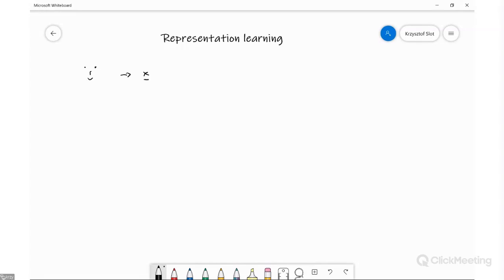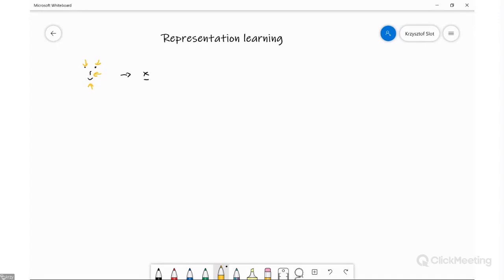And how can we approach this idea of learning this representation? If I would like to have a good representation of objects like faces, I know that to recognize that there is a face, it's probably necessary to recognize pieces of this face, and the pieces are eyes, a nose and mouth, and maybe some other elements.